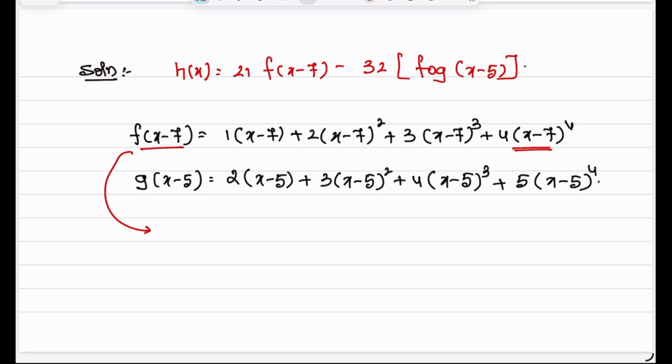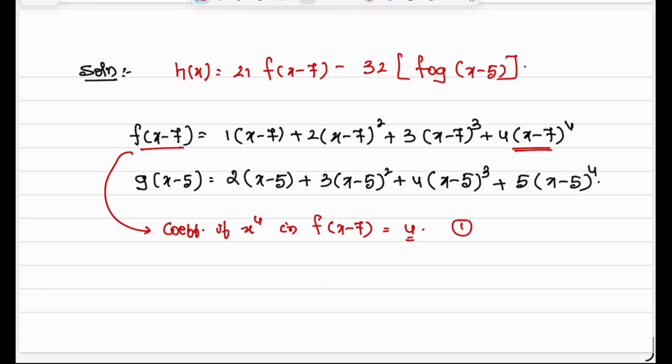Therefore, the coefficient of x⁴ in f(x − 7) is 4, because the coefficient of x is 1 and the other terms are x¹, x² and x³. That means one value we have got: the coefficient of x⁴ in f(x − 7) is 4.